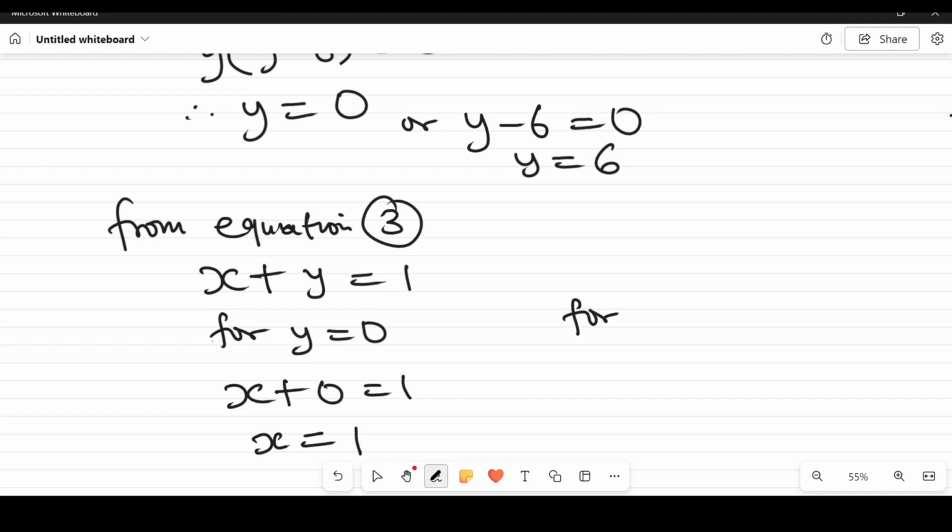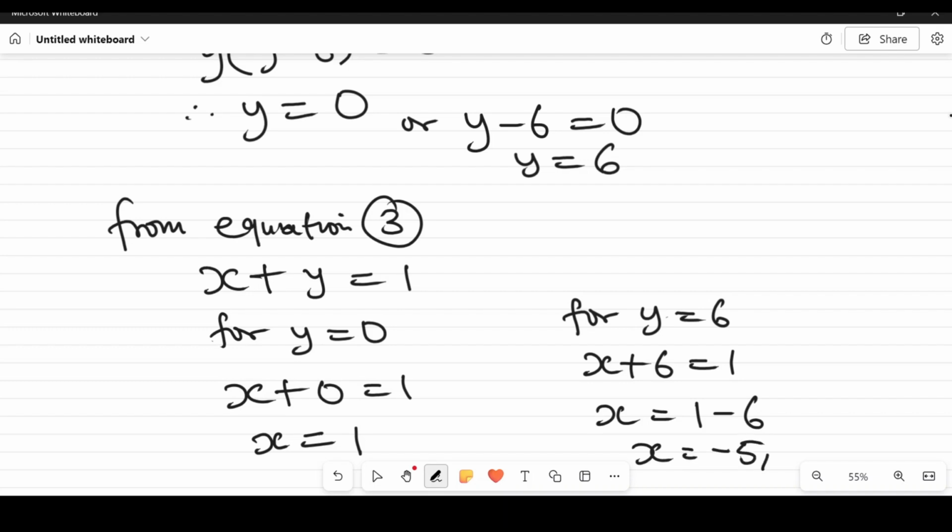Also, for y equal to 6, we have x plus 6 is equal to 1. So x is equal to 1 minus 6. X is equal to negative 5. So we are able to obtain the values of x for which y is equal to 0 and y is equal to 6.